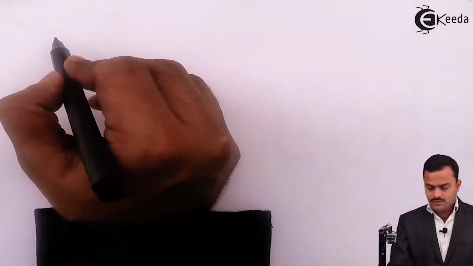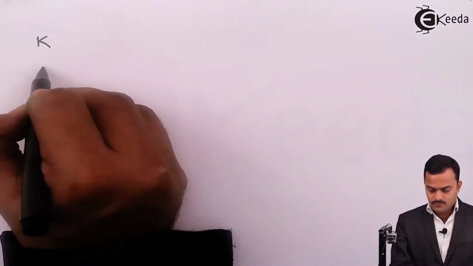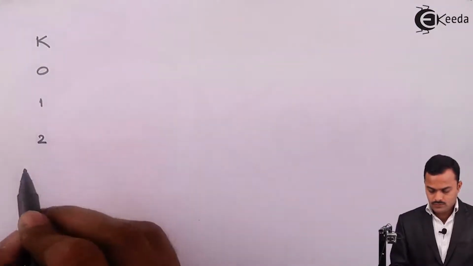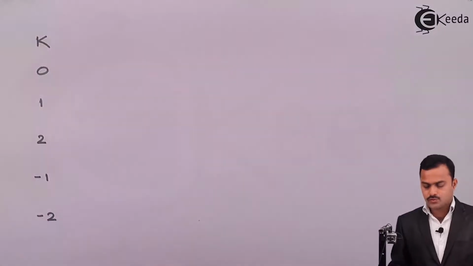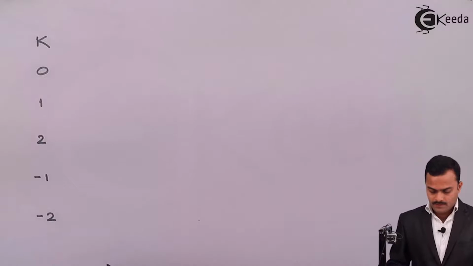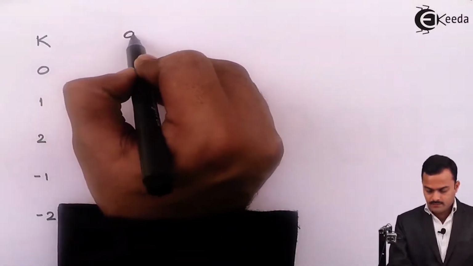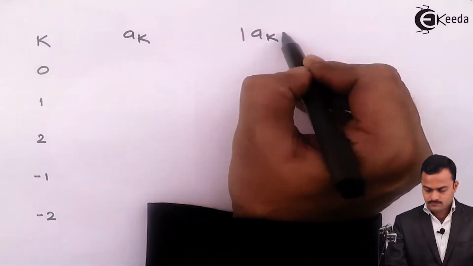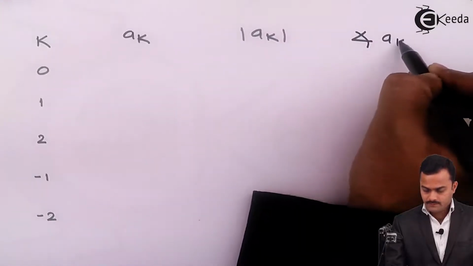Let's start with k equal to 0, 1, 2, minus 1 and minus 2, because only these 5 terms we obtain. Then we will find out what is the A k, then mod A k and phase angle of A k.